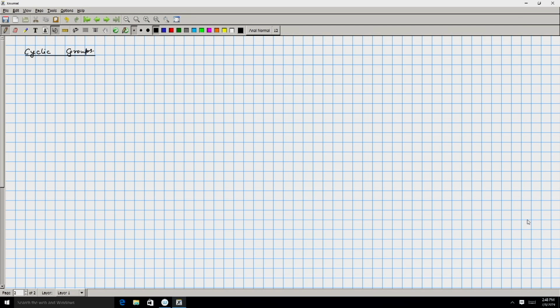So, the definition of cyclic group says that all elements can be written as powers of some element. Okay. So, G is cyclic if there exists small g element of G such that the set G is equal to g power 0, g power plus minus 1, g power plus minus 2, and so on.